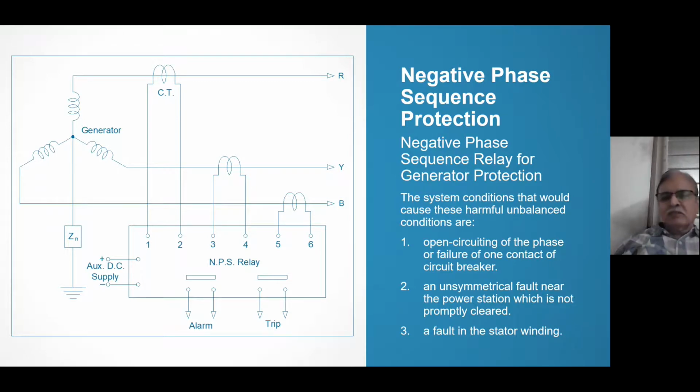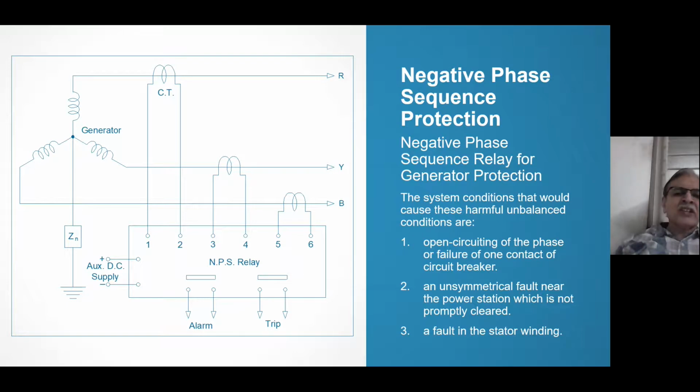So now, once having seen the causes and consequences, we will see how we protect against them. Protection is simple. We are detecting, extracting the negative phase sequence current out of the 3 line currents, IR, IY and IB.